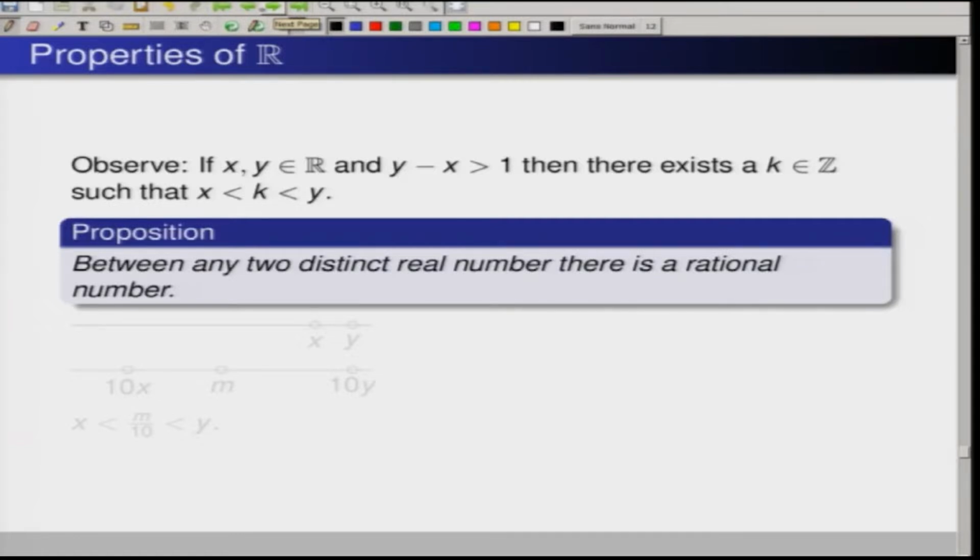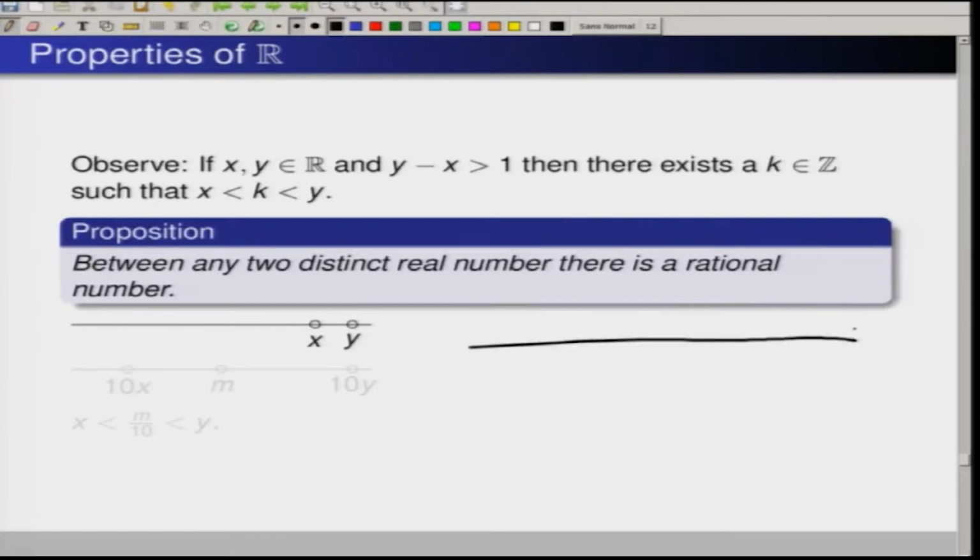Let us see how this works. Suppose I have two real numbers x and y, and x is less than y, however close they are. If they are at a large distance, and y minus x is bigger than 1, then there definitely is going to be an integer m in Z, as we have seen.